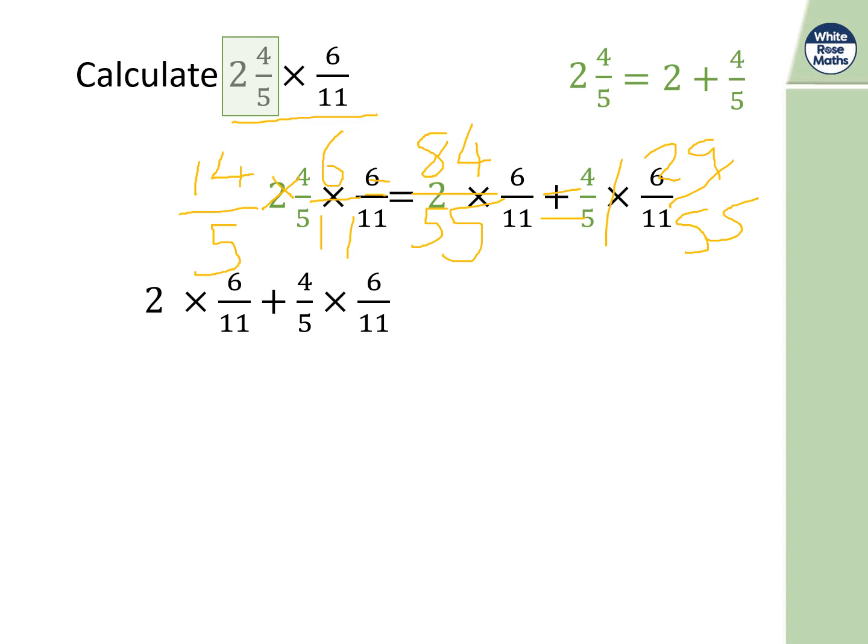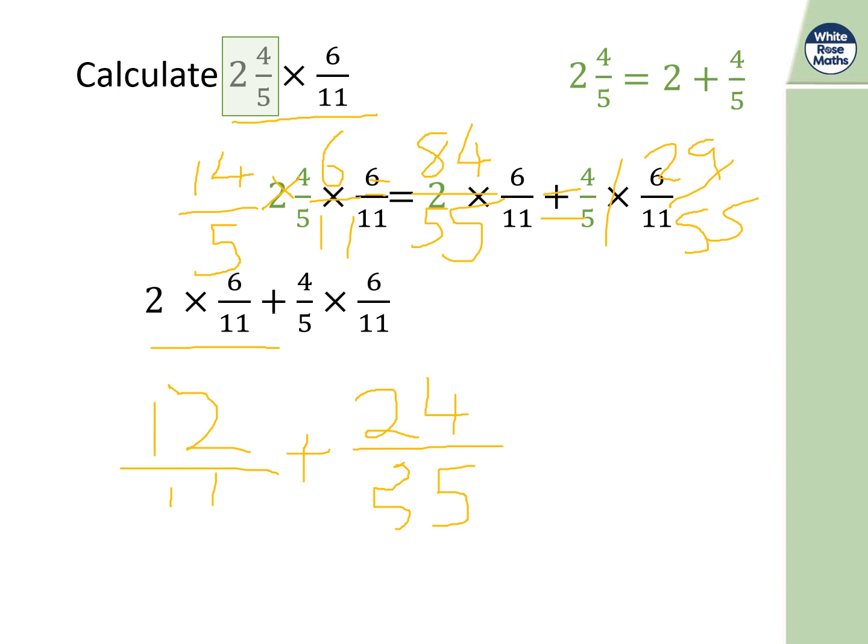Now, being careful here, if you're multiplying a whole number by a fraction, the whole number gets multiplied only by the numerator. So you get 12/11 plus 24 out of 55. Now, when you're adding fractions, you need to have a common denominator. So I've got to change this out of 55 by timesing top and bottom by 5.